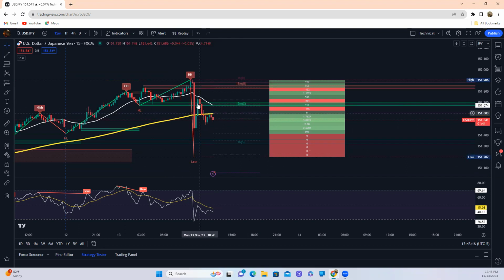When it blew through it, it came back, right? So it blew through this, came back, touched my 30-day moving average. That's how I do my trade setup. So the trade setup is once it blows through or pushes above or below, I'm waiting for it to come back and test that moving average again. So for intraday, I wanted to retest this 30-day and line up with my 15-minute support here.